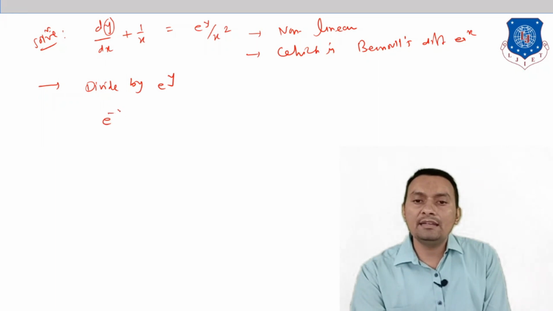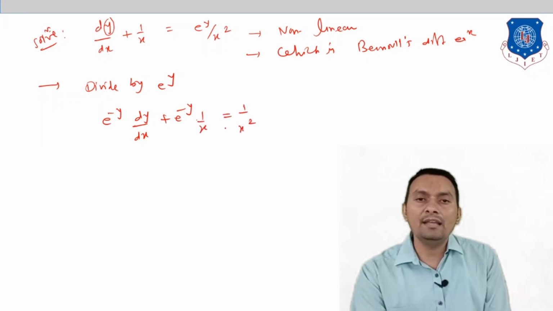So what I will get is e raised to minus y dy by dx plus e raised to minus y times 1 by x is equal to 1 divided by x square. From the second term it is clear that the function of y, we are letting e raised to minus y equal v. So e raised to minus y into minus dy by dx.